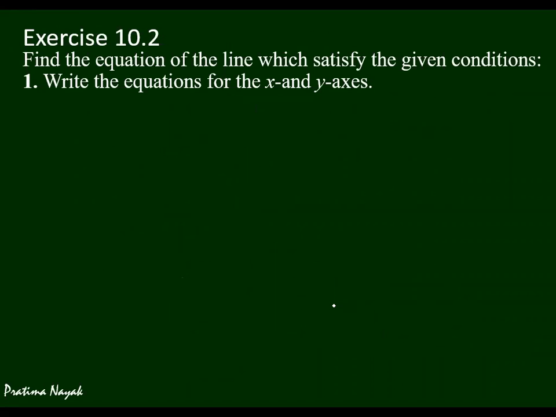Now coming to questions. Find the equation of a line which satisfies the given condition. Write the equation for the x-axis and y-axis. For the x-axis, on the x-axis y is always 0. So the equation of the x-axis is y is equal to 0.